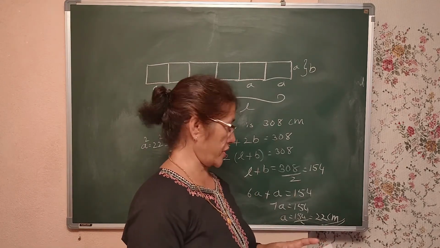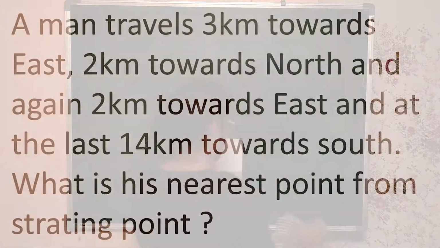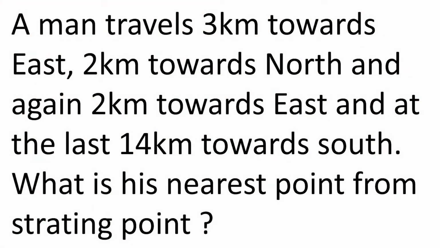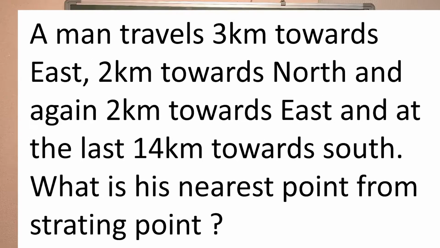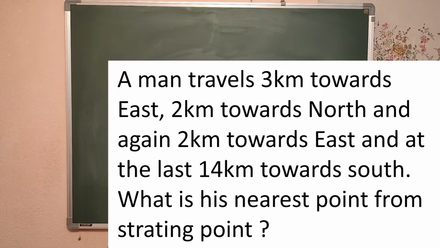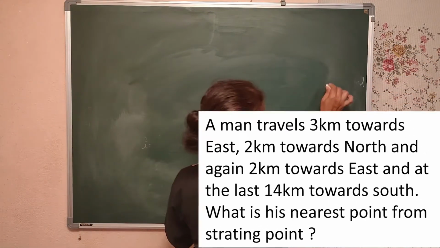Now second question. A man travels 3 kilometers towards east, 2 kilometers towards north, and again 2 kilometers towards east, and finally 14 kilometers towards south. What is his nearest distance from the starting point? As soon as they talk about the directions, you have to do like this.